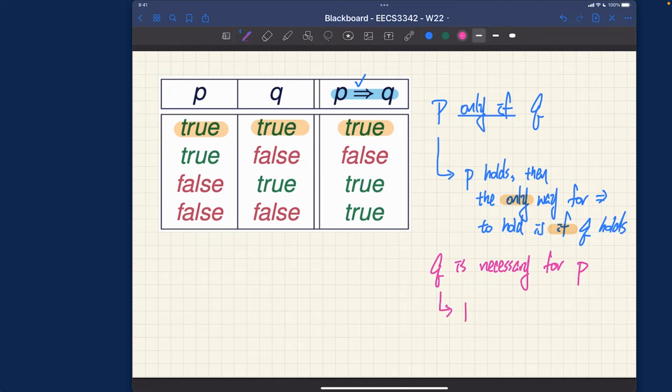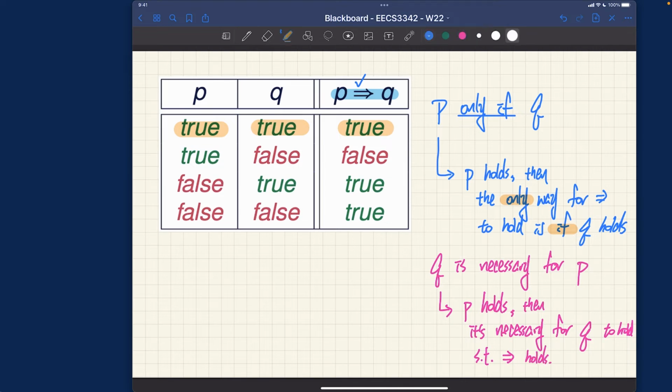We want to say if P holds, then it is necessary for Q to hold such that the implication actually will hold, right? So over here you will see what we are studying right now is the necessary for. It's a similar argument pattern as we did before.